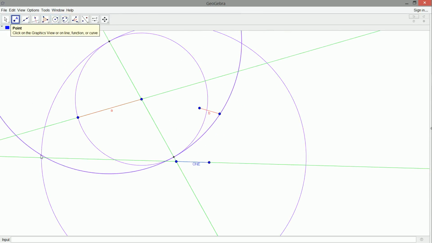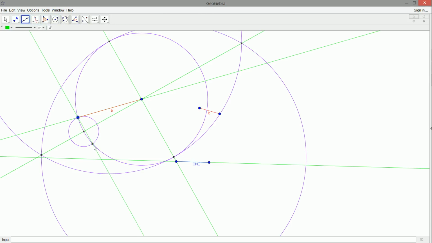There we go. A perpendicular line here intersects the circle we started with. Then we get the other end of the chord, and we just extend that line.